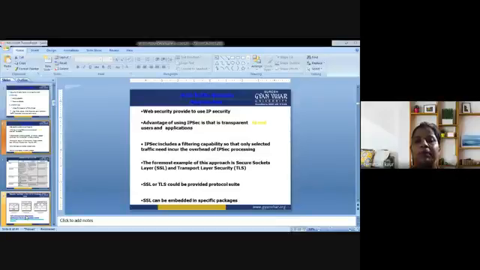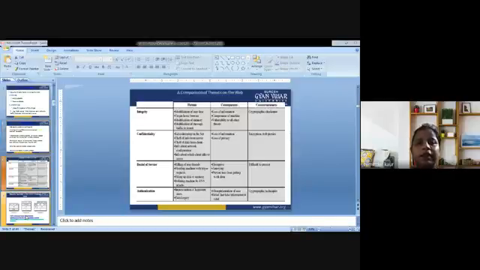Advantages of using IP security are that it is transparent to end users and applications. IP security includes a filtering capability so that only selected traffic need incur the overhead of IP security processing. The foremost examples of this approach are secure socket layer and transport layer security, which we have already discussed in detail.